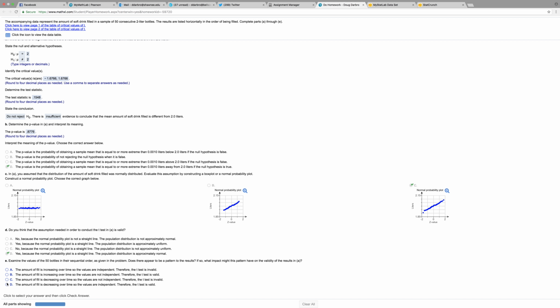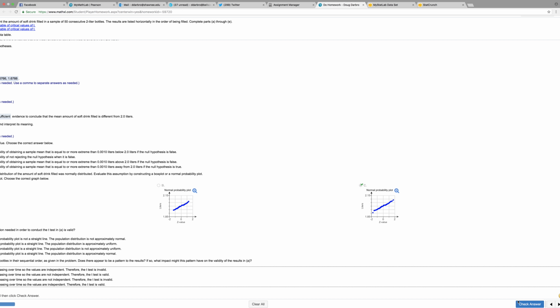Therefore, a t-test is invalid. Independence means that the next measurement is independent of the previous measurement, but with a clear pattern, you have an independence assumption issue.